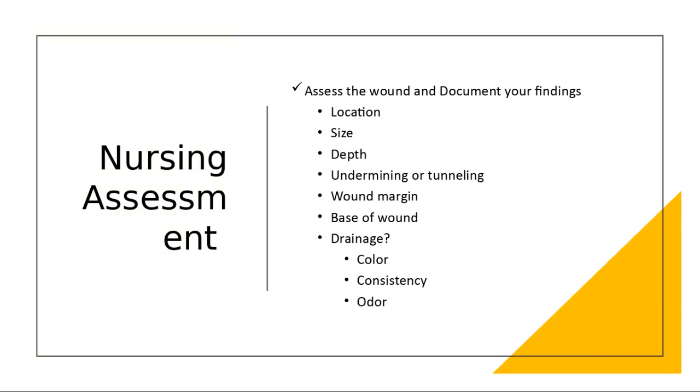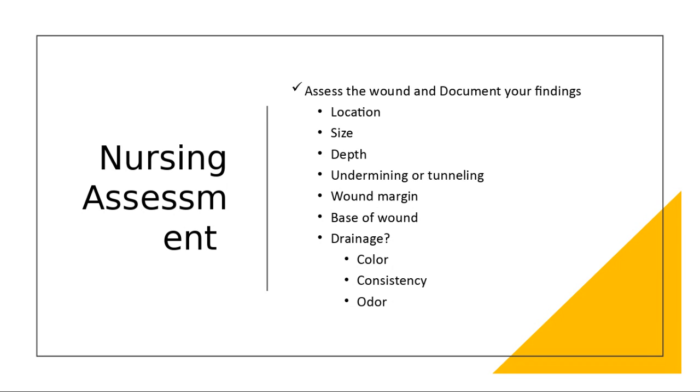All right, so again, your nursing assessment. So we talked about how you're going to assess these wounds, right? Where's the location? What size is it? The depth of it? Does it undermine or tunnel? Margin. So it gets very, very detailed. In your book, you might not have to do this, but if you do have to do this assessment, I would know what tools you have in your facility to be able to assess that.